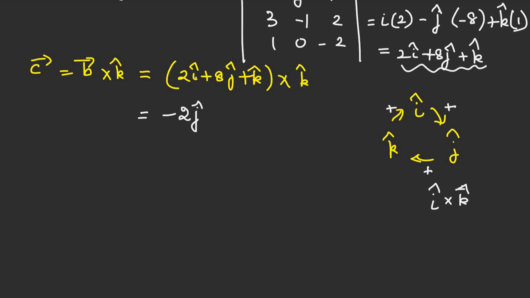J cross K will be equal to plus 8 times i. K cross K will be equal to 0, since the cross product of the same vectors is 0. So this is nothing but 8i − 2j, which will be our C vector.